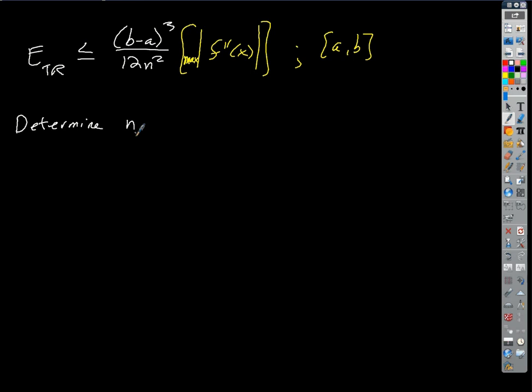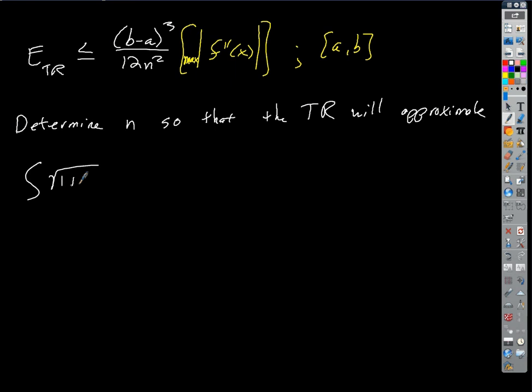Okay, so determine n so that the trapezoidal rule will approximate the value of the integral of the square root of 1 plus x squared dx from 0 to 1 with an error less than 0.01.